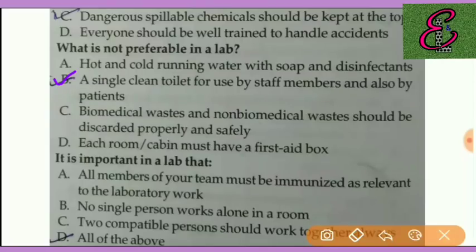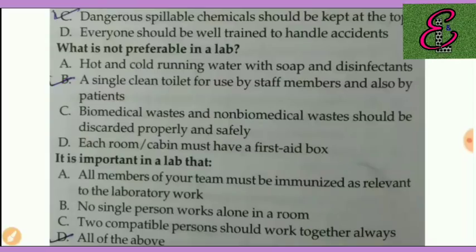Second question. It is important in a lab. The answer is all of the above. It means all members of your team must be immunized as relevant to the laboratory work.